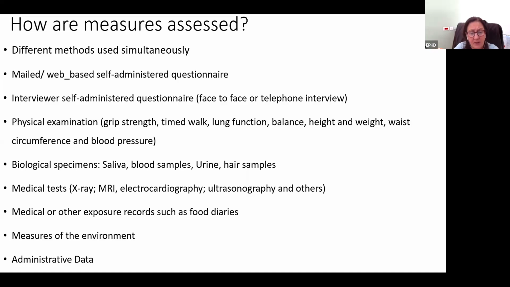And think also about administrative data. Important is also to think about whether data exists in medical records or any other exposure records, such as food diaries and records in factories. And think about whether you have any measures of the environment that you are interested in, something about pollution or stressful events.